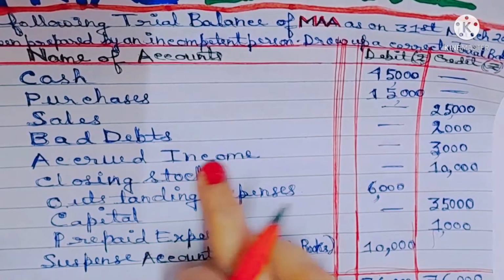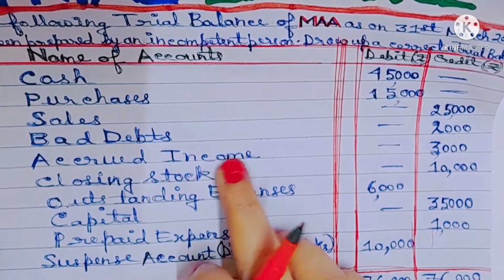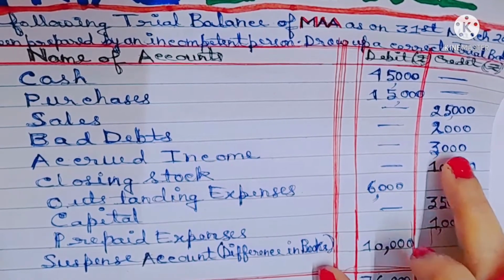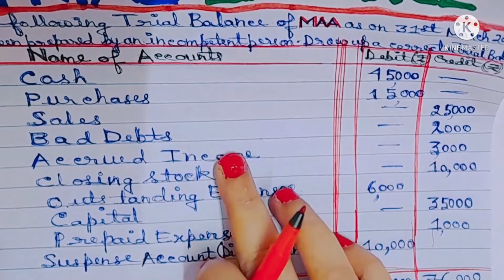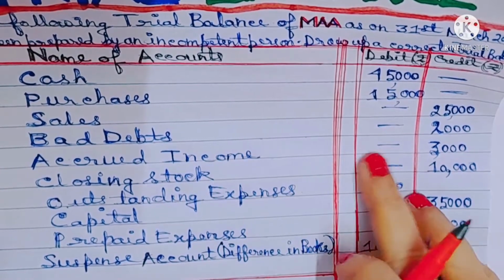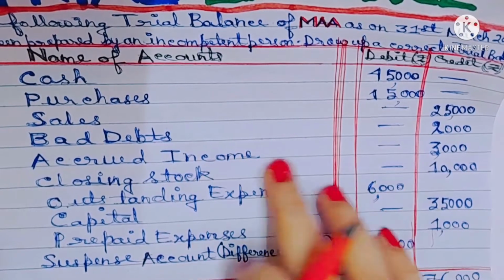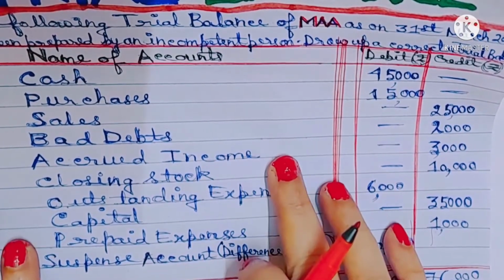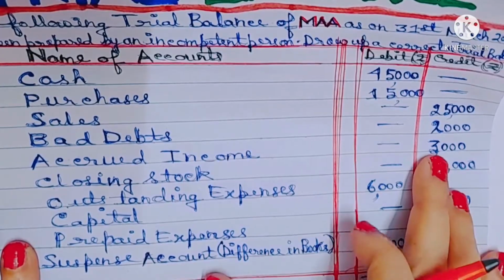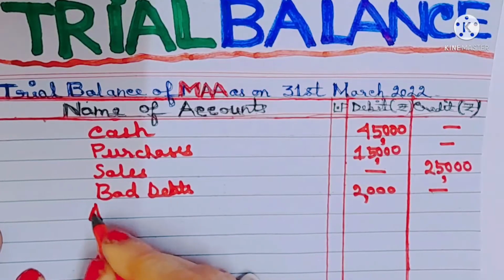The next account is accrued income. Accrued income has been incorrectly written in the credit column. Accrued income should have been written in the debit column. So, let's rectify and write accrued income in the debit column, 3,000.